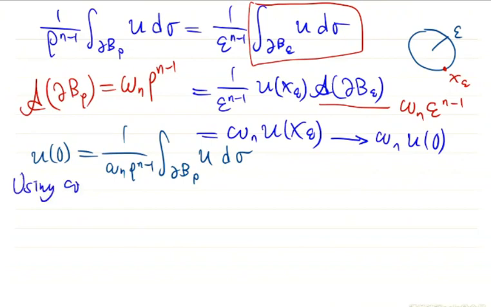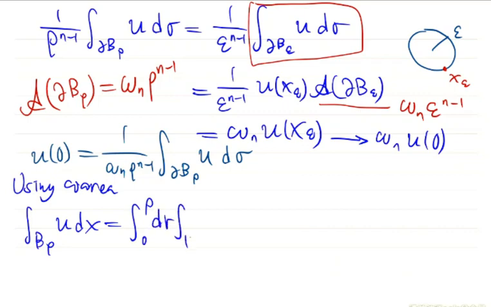Using Euler again, the integral over the ball can be written as the integral from 0 to rho dr of the surface integral over the sphere of radius r of u d sigma.